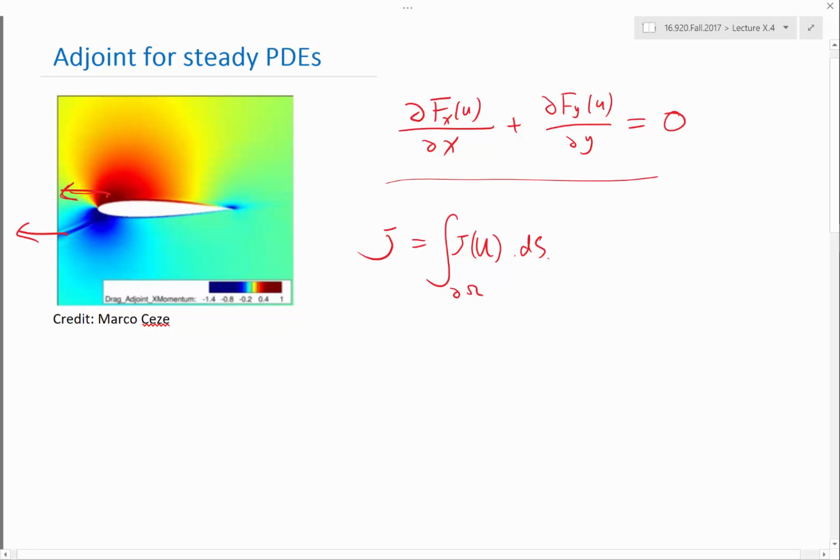This is just to give you an example of how you derive the adjoint for PDEs. If you have other cases, for PDEs it's very hard to have a general derivation that covers every single PDE. So if you have a PDE, you probably have to go through the process again to derive the adjoint equation for that particular PDE.